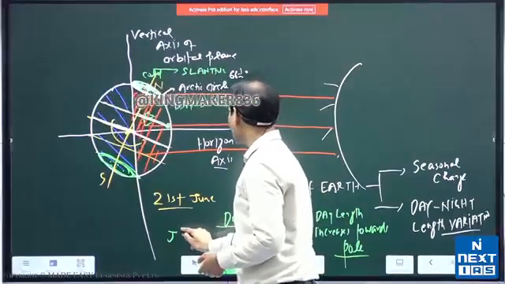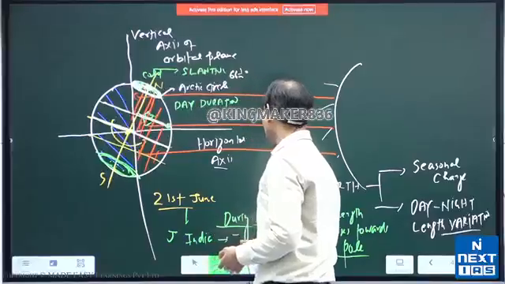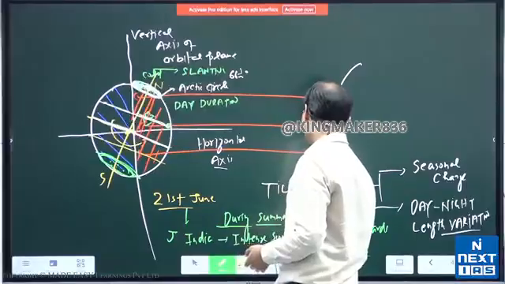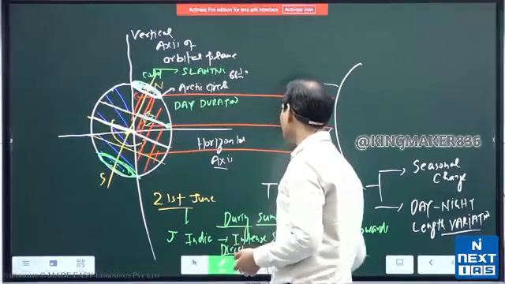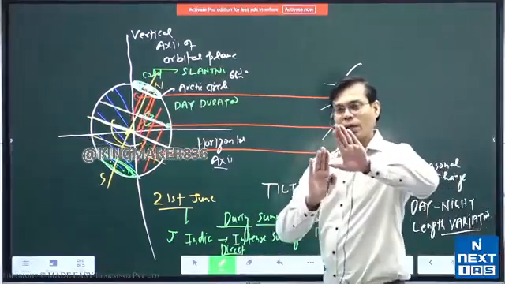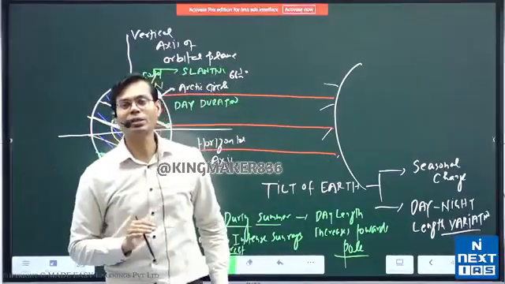Intense sun rays, which means direct sun rays, especially on the Tropic of Cancer line, because the Cancer line is just in front of the sun, and more sunlight we are getting.